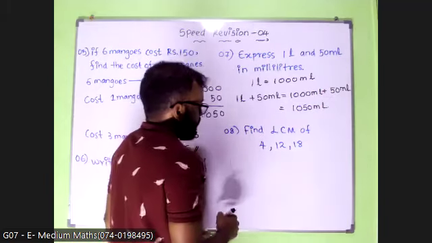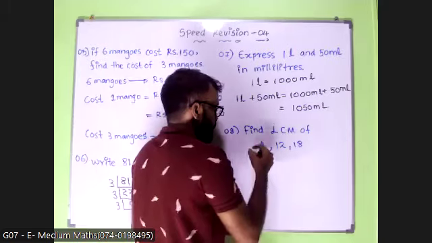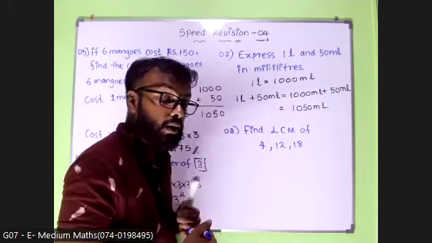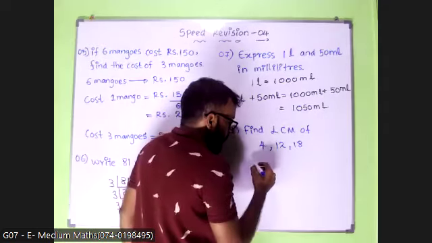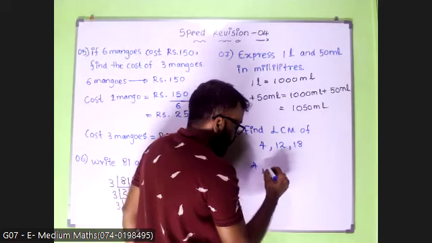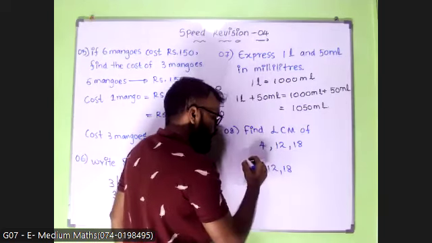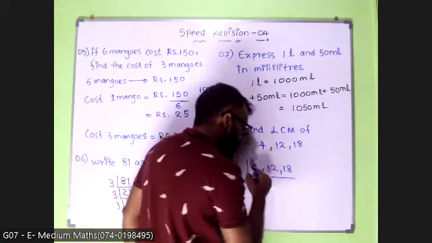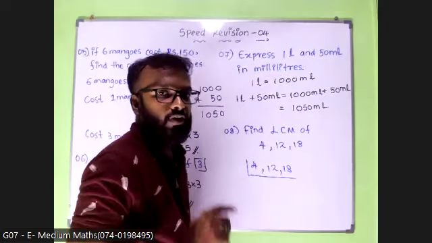Then find LCM of 4, 12 and 18. So how to find the LCM, the least common multiple? This is the way. You have to write 4, 12, 18 like this and divide all these three numbers by the smallest prime factor.